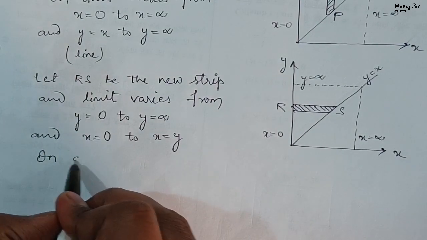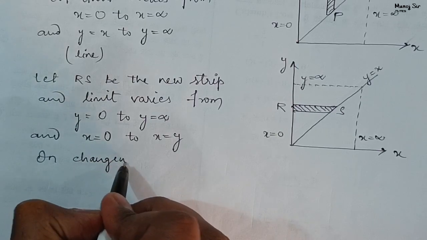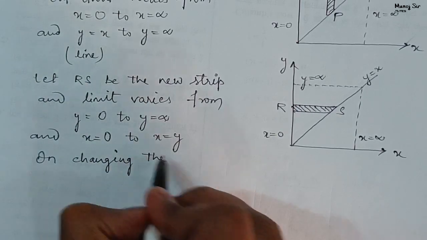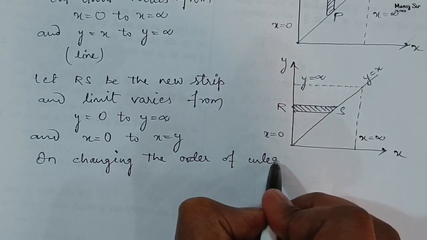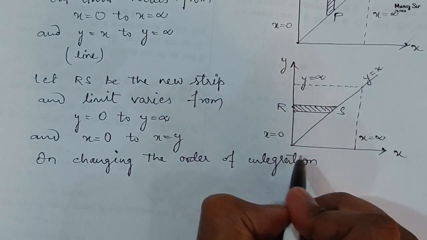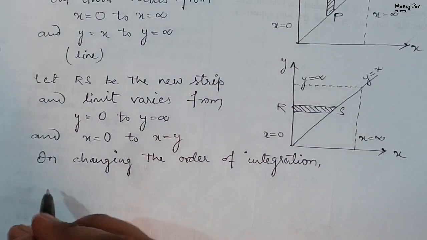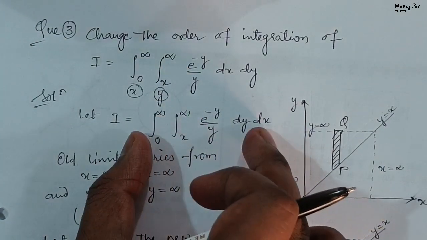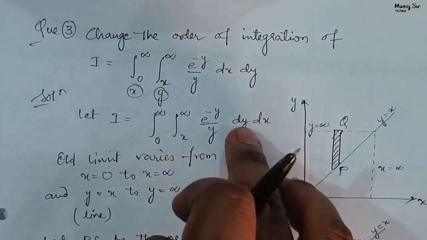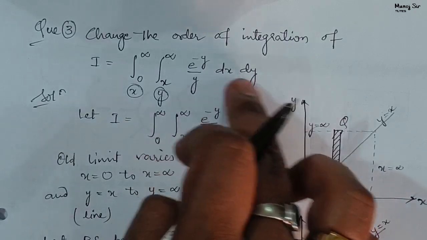So on changing the order of integration, we will write I. Which I? This I or this I? We will write first this I, because in this the order of integration is right, this is wrong.